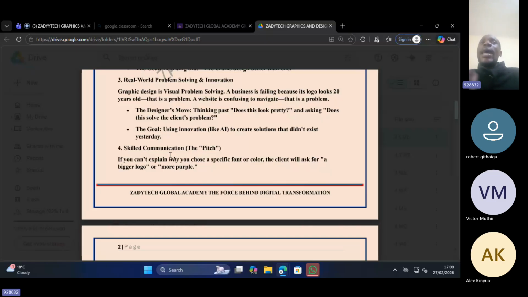So communication starts from communicating with the customer, communicating with the employer, and communicating while collaborating. When you talk about collaboration, you are talking with your fellow colleagues, your fellow designers. There's also communication in the marketing aspect.